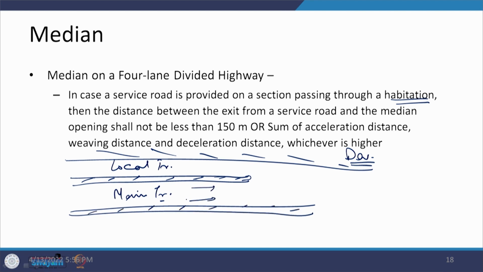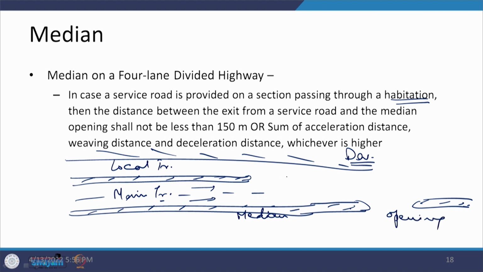So, the traffic is moving in this direction because it is a divided, say 2-lane system, and we are providing an opening in the median at this location. So, this is my median and this is the opening there, and there is a possibility that this continues here also, but this is my exit for this traffic and entry in this form. That is what we are looking at.